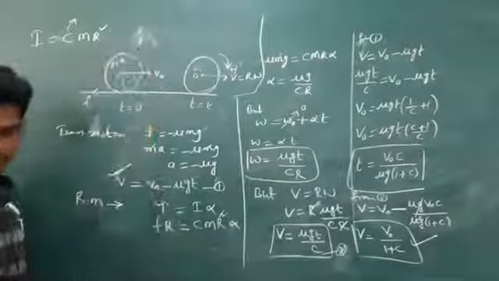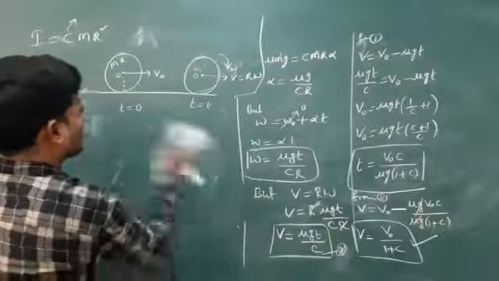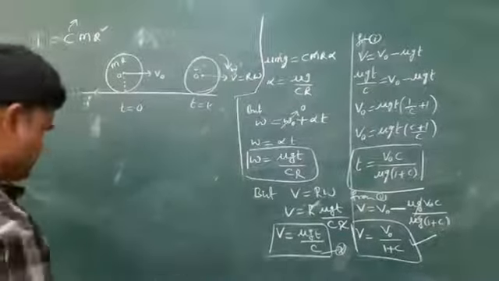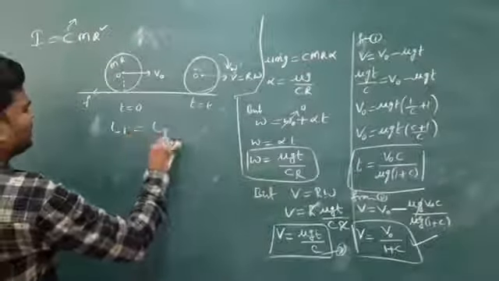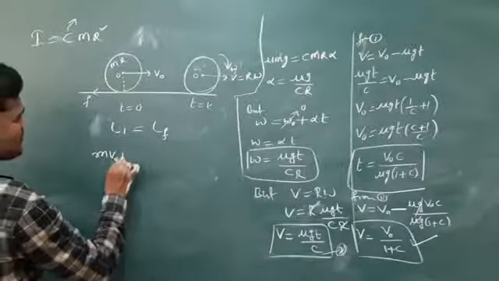So let me rub this side. See, the initial momentum is balanced by the final momentum. Initial angular momentum is m v naught r.